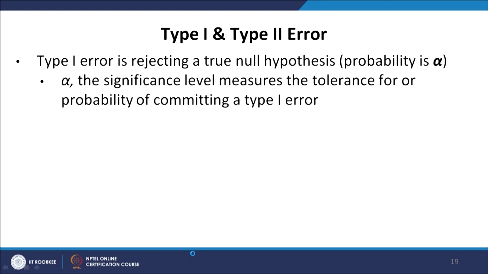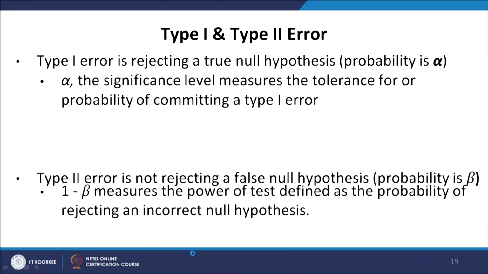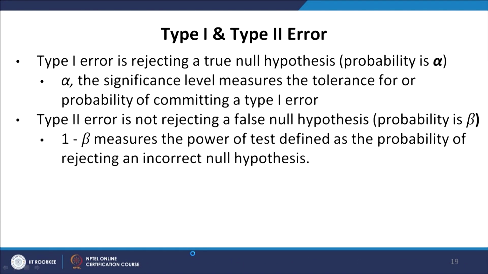Alpha, the significance level, measures the tolerance for or probability of committing a type 1 error. So, the moment we specify significance level at 5%, this means that the probability of rejecting a correct null hypothesis is only 5%, which is considered to be pretty low and generally resulted because of certain randomness in the results obtained or data generated.